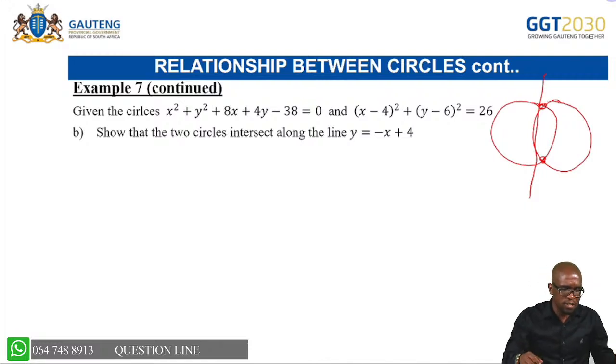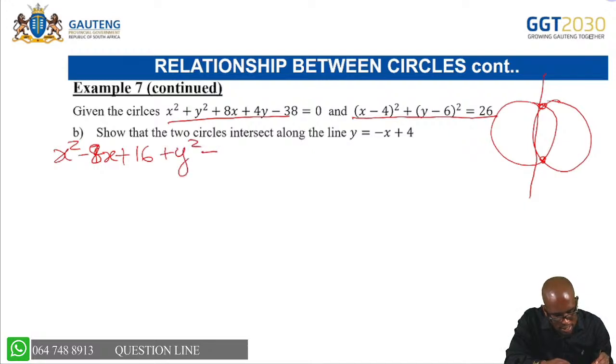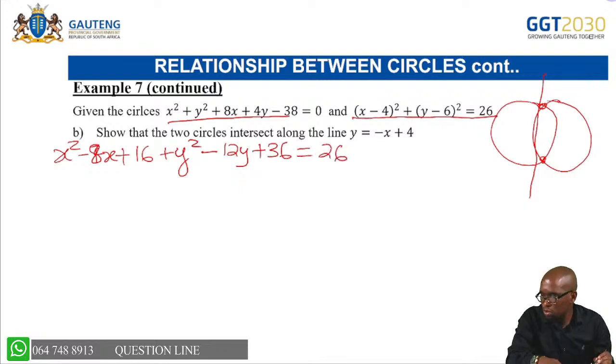So the order of these circles is the same. So the first thing that we're going to do is we write this circle in this form. Now, if we do that, we then have x squared minus 8x if we open the first bracket, plus 16, plus y squared minus twice the product, minus 6y times 2 is minus 12y, plus 36 is equal to 26.